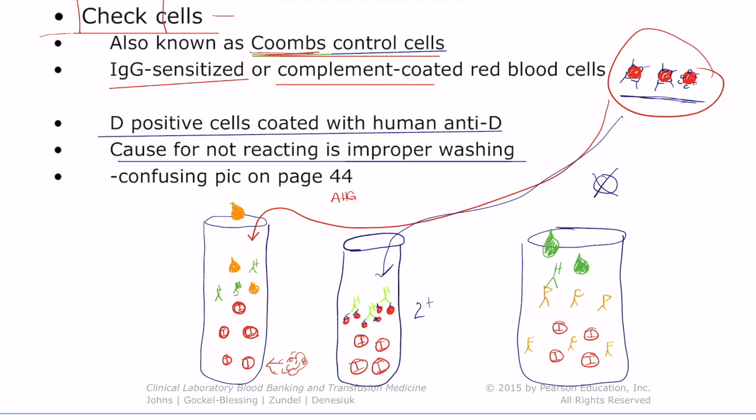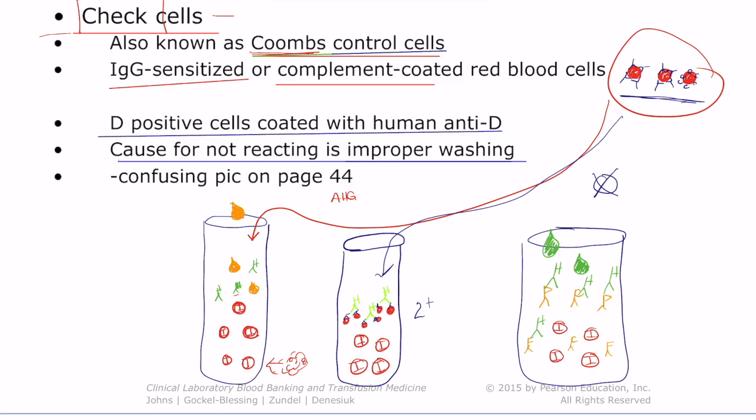So our anti-human globulin is going to bind to any human antibody. And so what happens is if we don't wash these away, this antibody is going to bind to these extra ones that we don't care about.